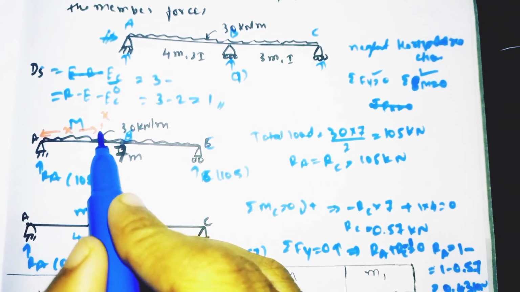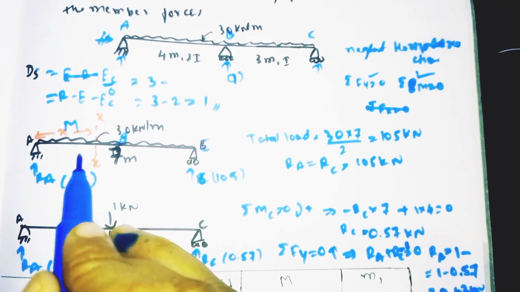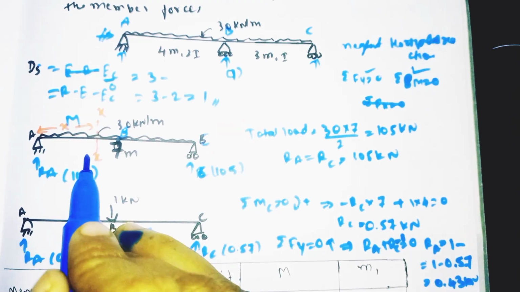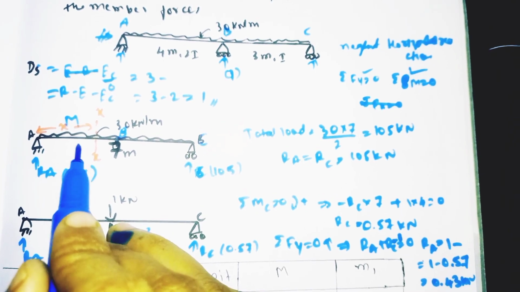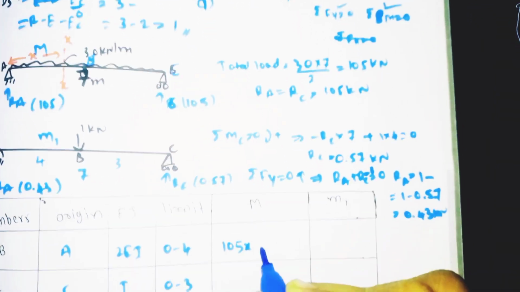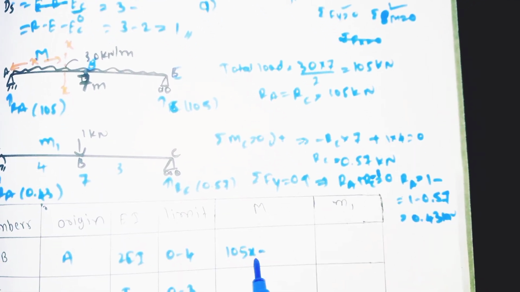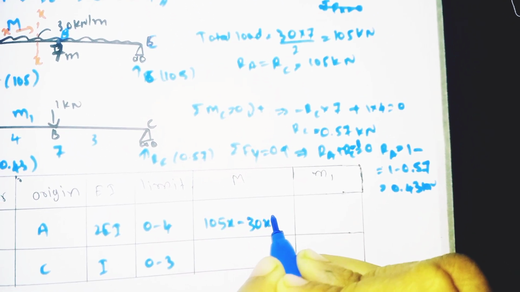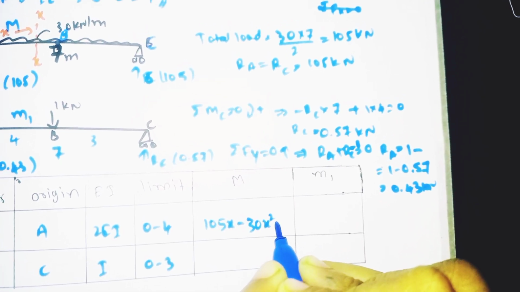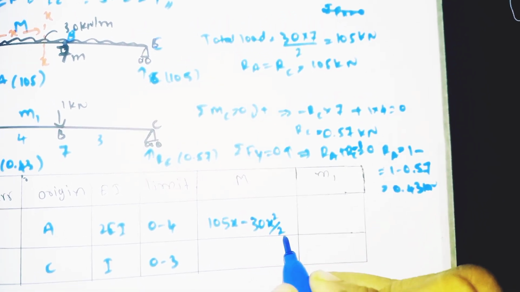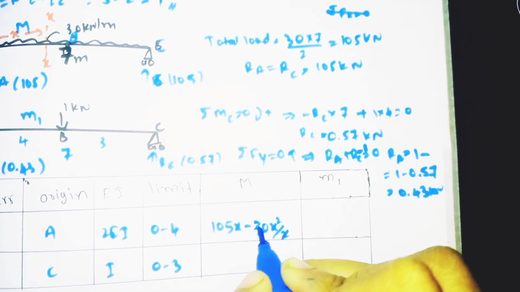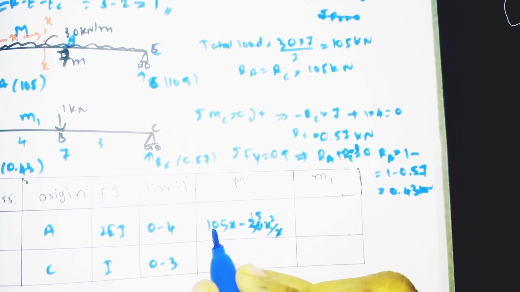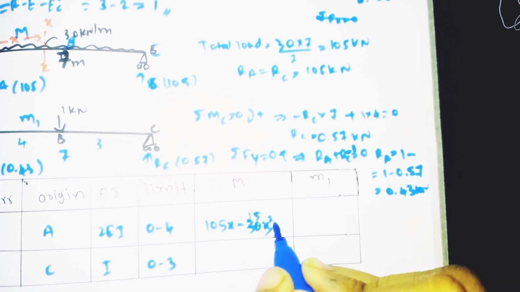It is moving anti-clockwise, so we need to take minus 30 into x divided by 2. UDL always acts at half of the distance. So minus 30 x square divided by 2, which is 105x minus 15x square.